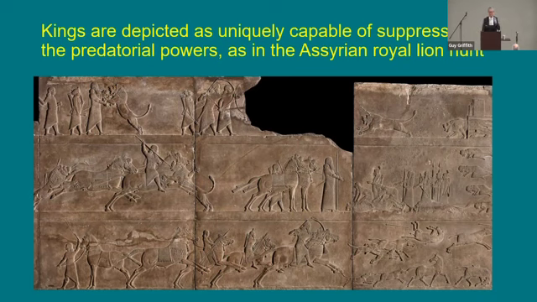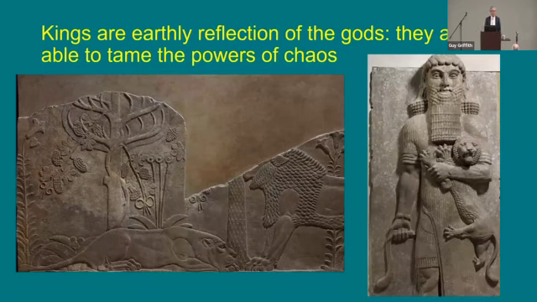See? So you see the lion is being released from the cage, and on this side you see the king fighting the lion, supposedly. So lion hunts will symbolize the king's power over nature, power over chaos, right? Chaos has to be suppressed, and who better to do it than the king, representing God. And so kings are seen as the earthly reflection, the image of God.